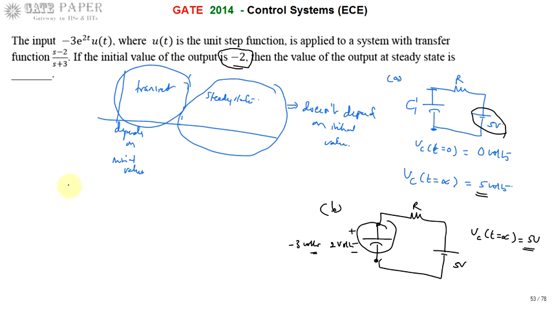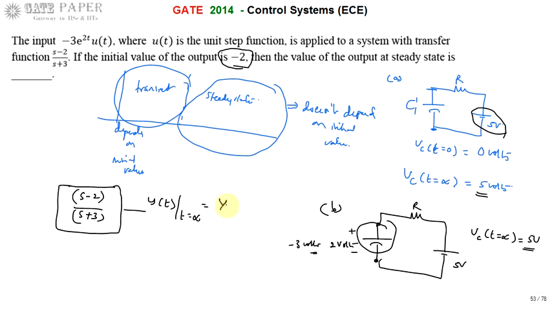We know the system transfer function is (s - 2)/(s + 3), and for this we are going to calculate the steady state value, y(t) at t = infinity, which can also be calculated as the limit of s Y(s) as s tends to 0.